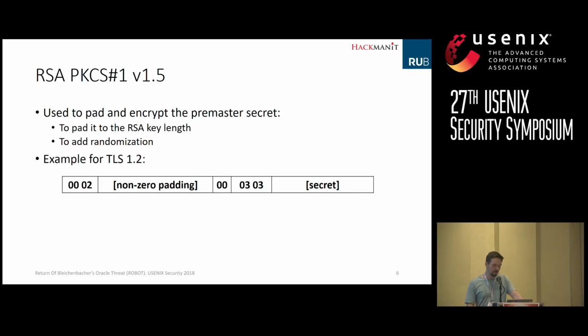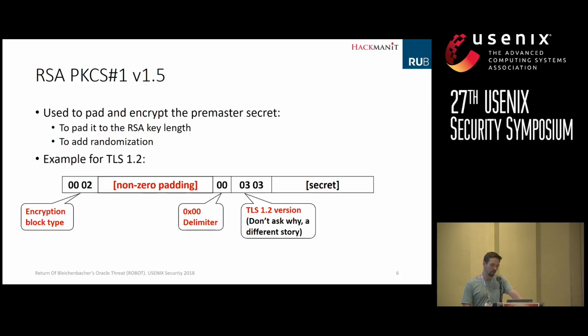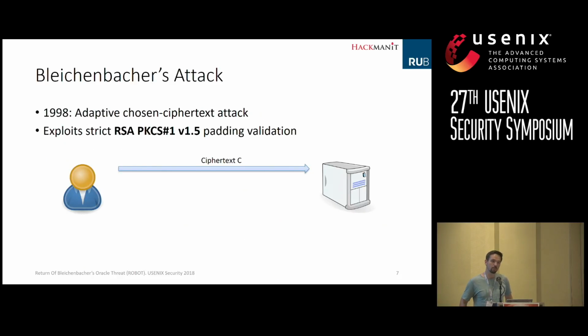To give you an example of how it is used in TLS 1.2, the first 2 bytes of the encrypted pre-master secret contain 0002, which shows that it is an encryption block type. Then there is a non-zero padding byte string, which is terminated with a 00 delimiter, and then there is the TLS 1.2 version, indicated with version bytes 0303. And at the end, we have the pre-master secret. This is a fixed structure of the RSA PKCS #1 v1.5 padding scheme, which was exploited in the Bleichenbacher attack.